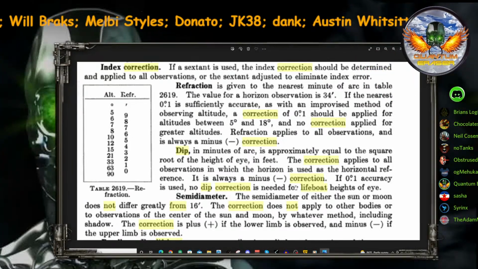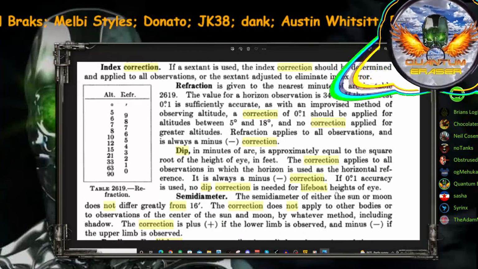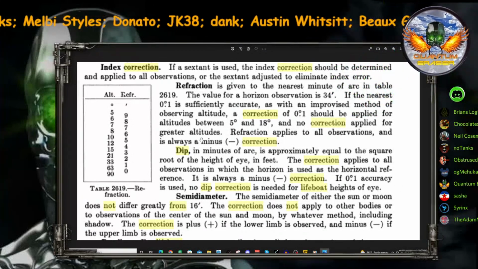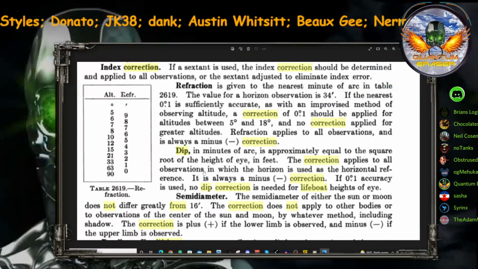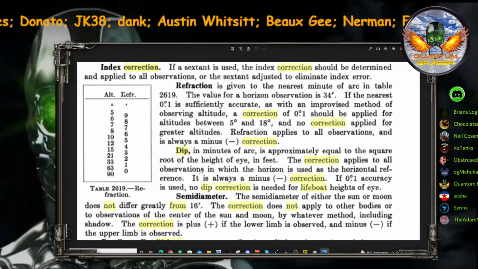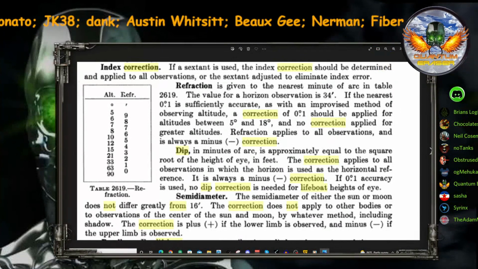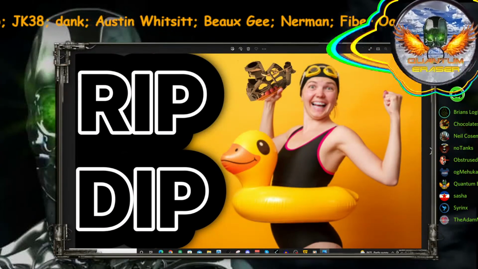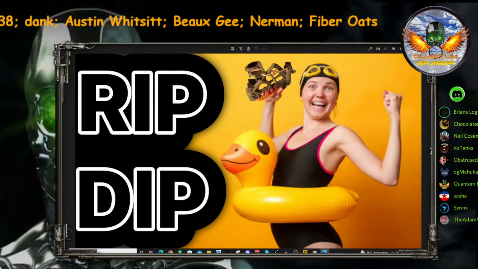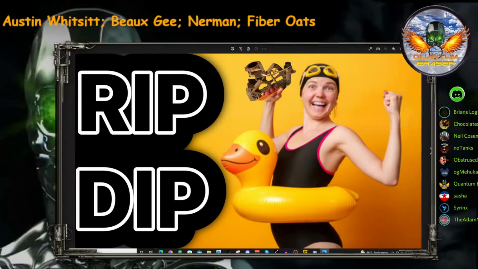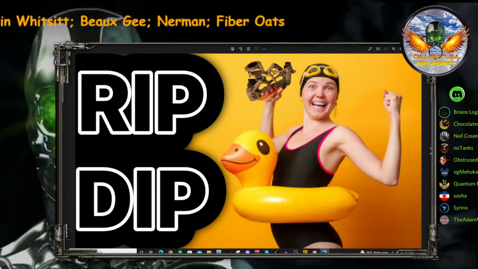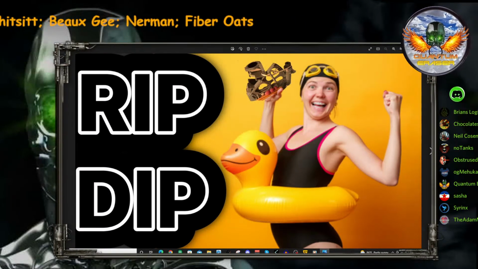Okay. So I just want to focus on the lifeboat and heights of eye. So all dip is concerned with is the height of eye correction. That's it. We good? He did say if we allow for 0.1% accuracy. Yeah, but that's because he's in a lifeboat, because he's a little bit above the water, isn't it?